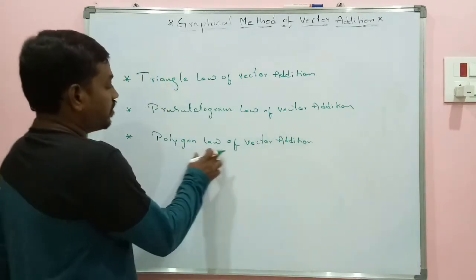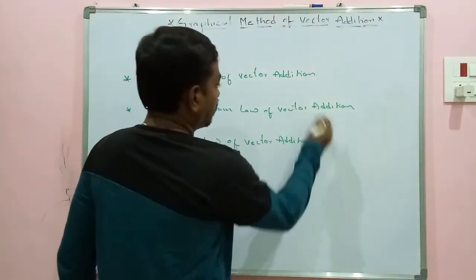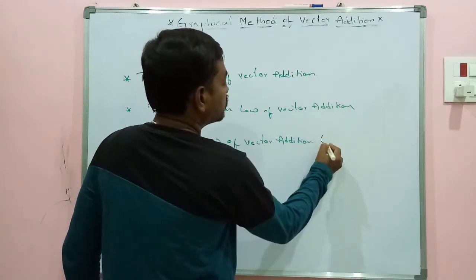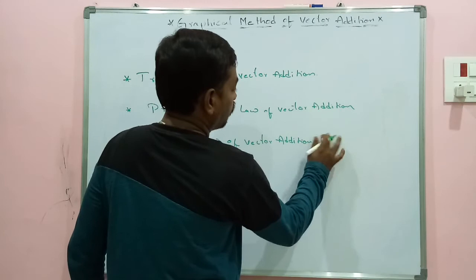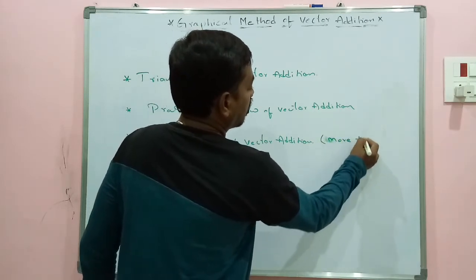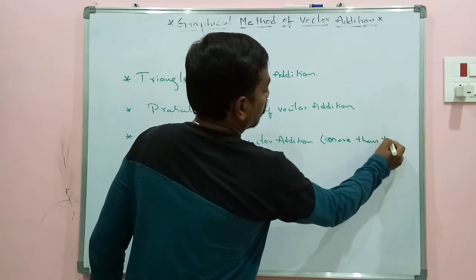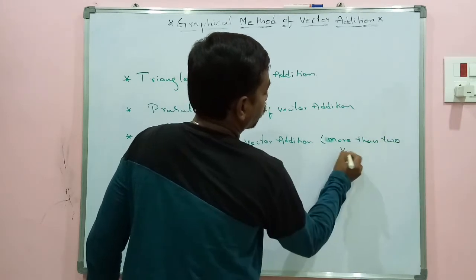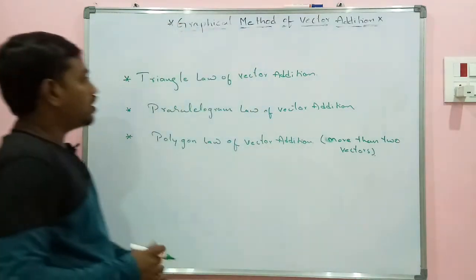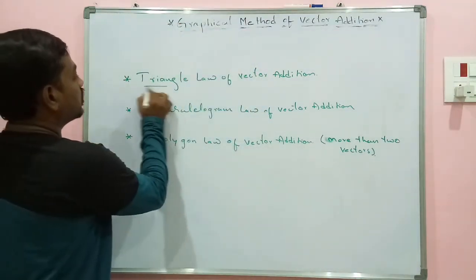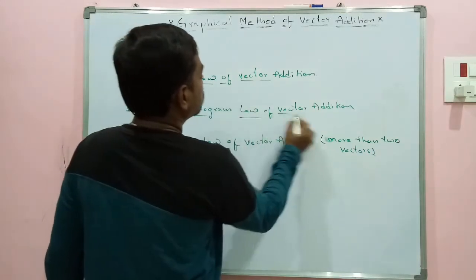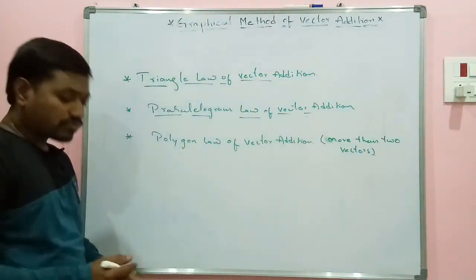The polygon law is simply a duplication of these two laws, but we use it if we have more than two vectors. If we have two vectors to be added, these two laws are famous, and we will be using these two laws.